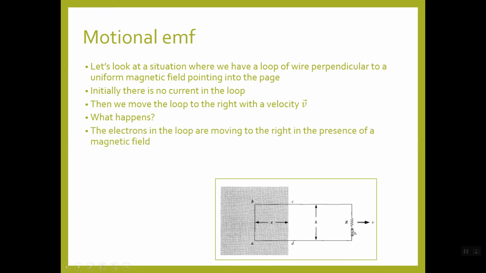Well, the electrons in the loop are moving to the right, and they're in the presence of a magnetic field. We know from previous chapters that moving electrons in a magnetic field feel a magnetic force, equal to minus e v cross B, where v is the velocity of the electrons and B is the magnetic field.